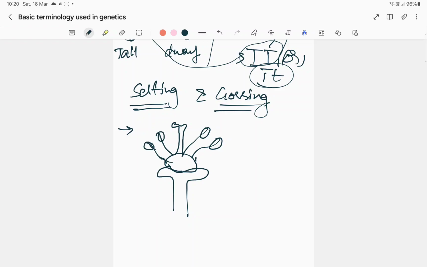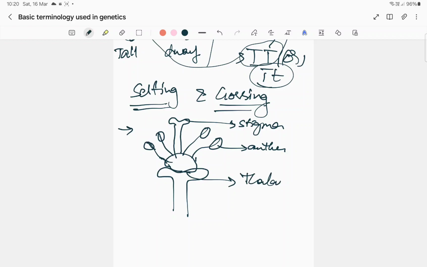For example, this is a flower. Stigma, anther, thalamus, ovary, right? If there is transfer of pollen from anther to stigma of the same flower, then it is said to be selfing.